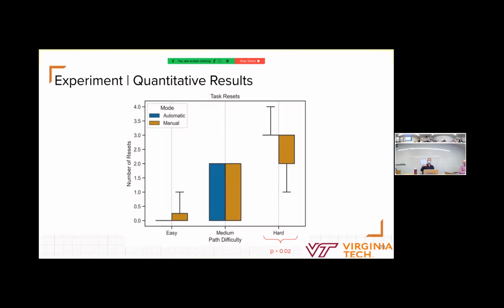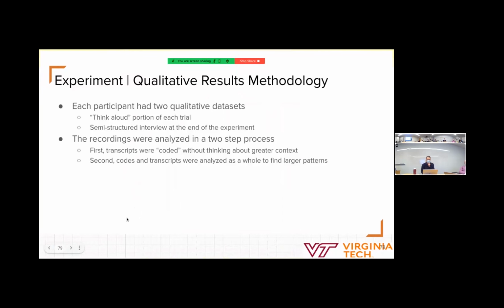And that was, again, just because they had more control over the entire system. But in general, resets, at least for this experiment with the simplified conditions that they had, did not really seem to change that much significantly, except for in that hard condition there.